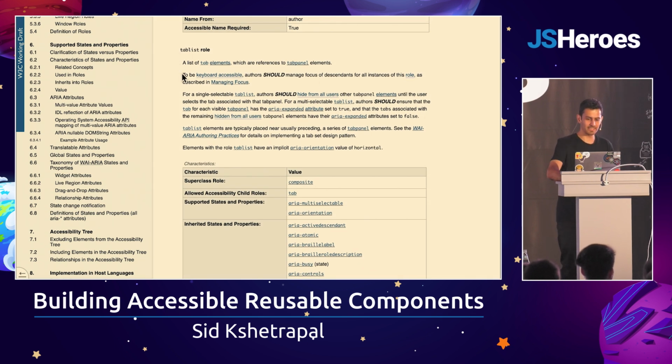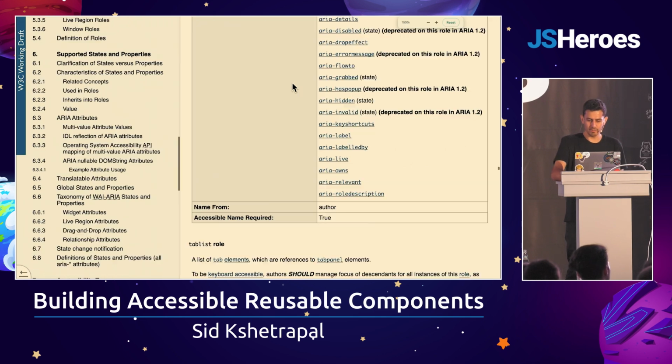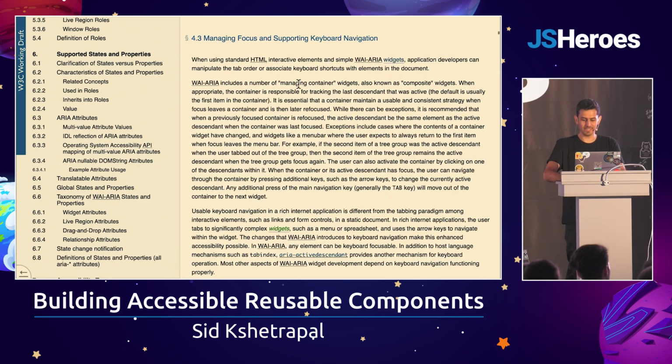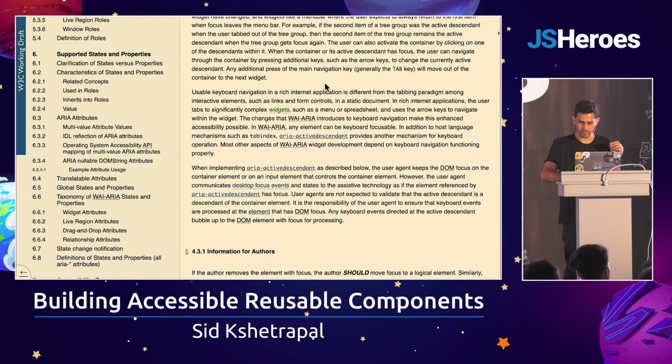So the tab list actually says, to be keyboard accessible, authors should manage focus, but it doesn't really say how. And if you read the managing focus, it's a nice, useful doc, but it kind of doesn't really say much. Except this one line, which is in rich internet applications, the user tabs to signify complex widgets, such as menu, spreadsheet, tab list.